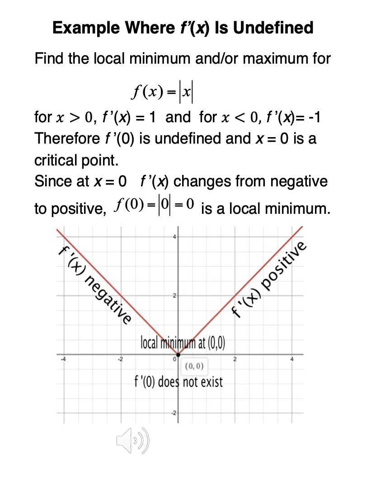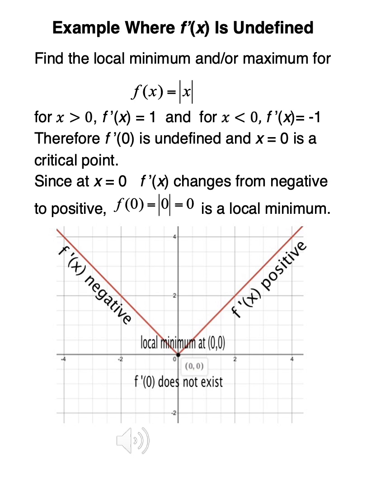If you think of the absolute value function, when x is greater than 0, the first derivative is going to equal 1. But when x is less than 0, the first derivative is going to equal negative 1.